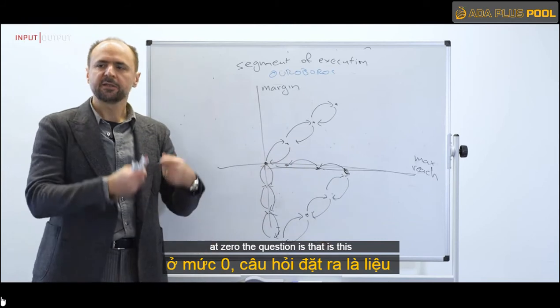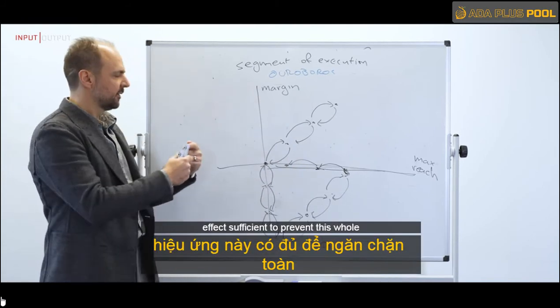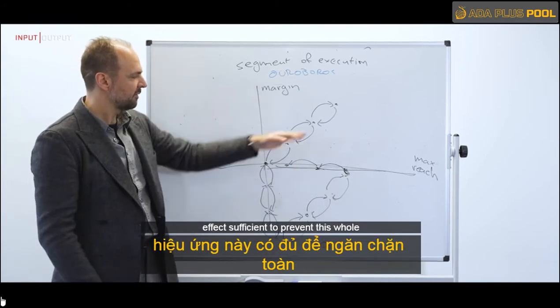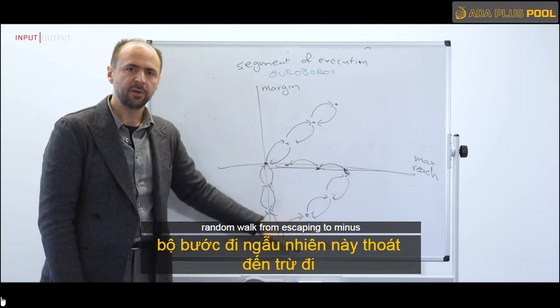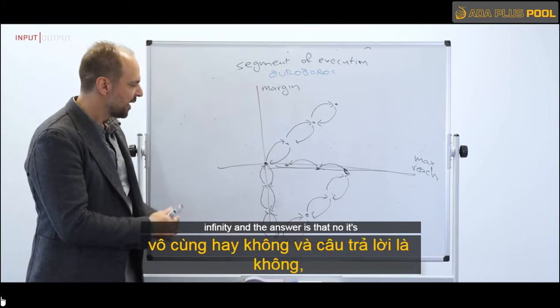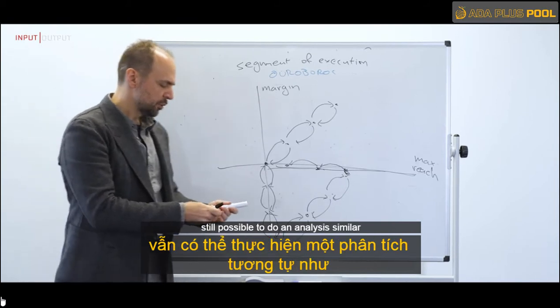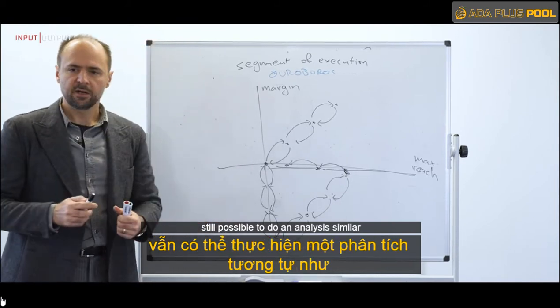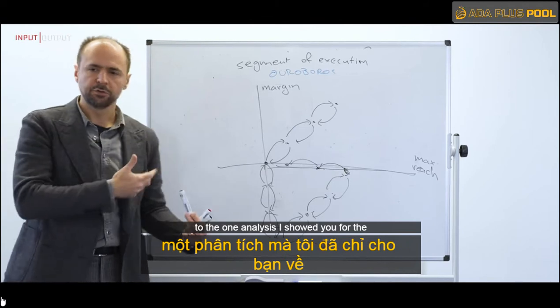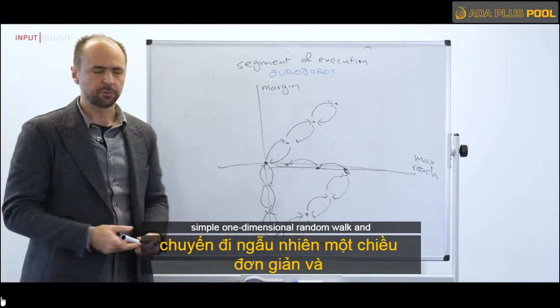The question is, is this effect sufficient to prevent this whole random walk from escaping to minus infinity? And the answer is no, it's still possible to do an analysis similar to the one I showed you for the simple one-dimensional random walk.